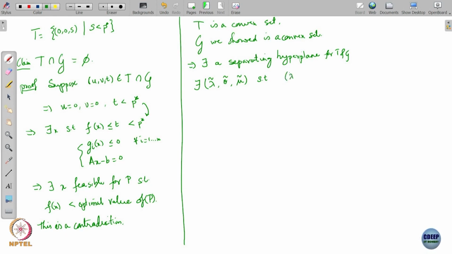So, that means (lambda tilde, theta tilde, mu tilde) is not equal to 0.